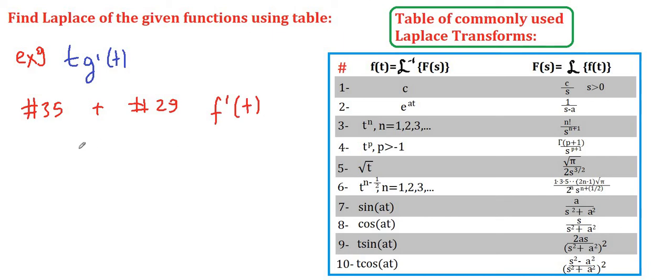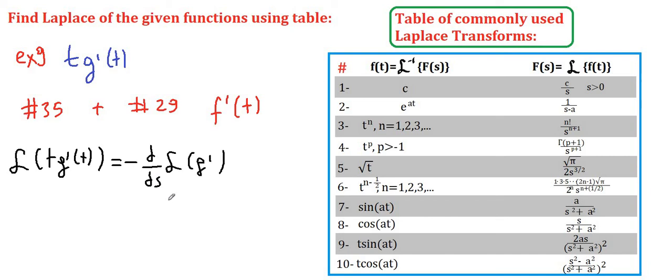So here, our first step is to write the Laplace of t times g prime of t as equal to negative d over ds of the Laplace of g prime. Remember the formula, negative 1 to the nth power times the nth degree derivative of f of s.